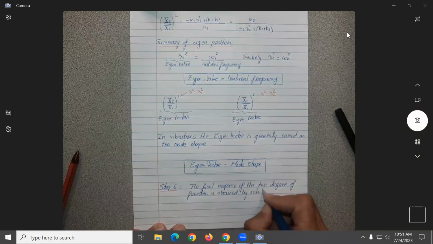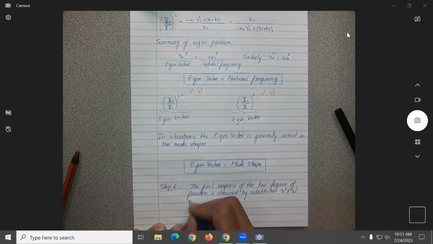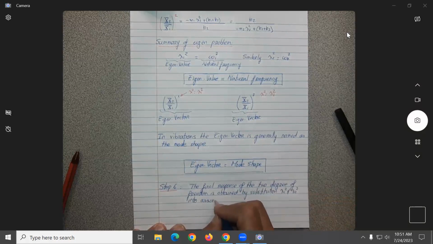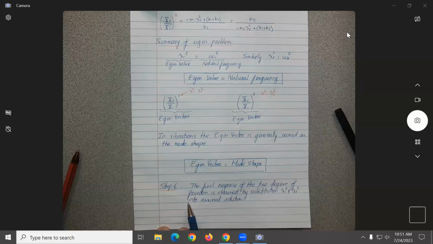What did we do before? What do we need to do? I mean, now that we solved for the lambdas, for the frequency, we need to go back and substitute into the assumed solution, no? Which is what we did, no?